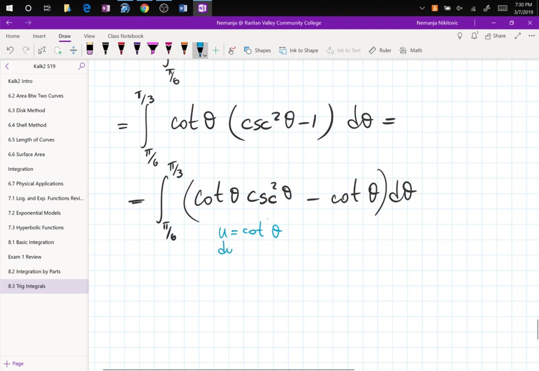And my du is negative cosecant squared theta d theta. And on the other side, cotangent is cosine theta over sine theta, so I have a g substitution: g is sine theta, and dg is cosine theta d theta.